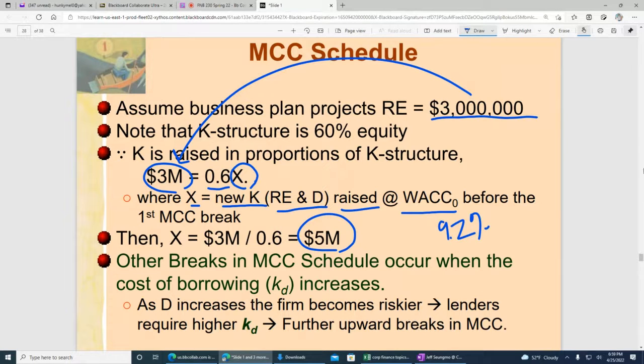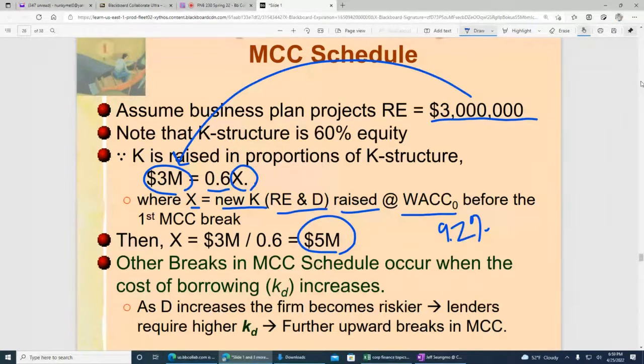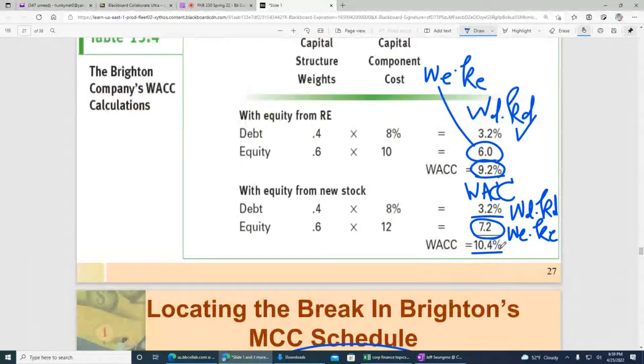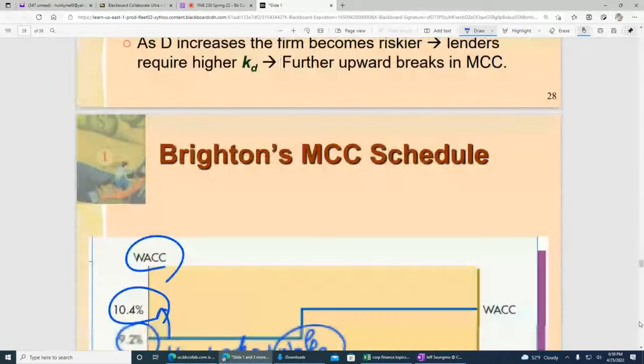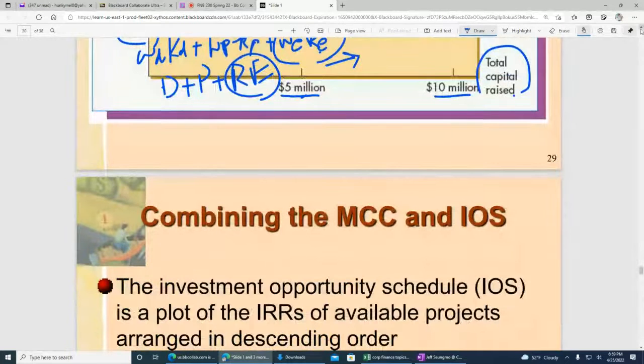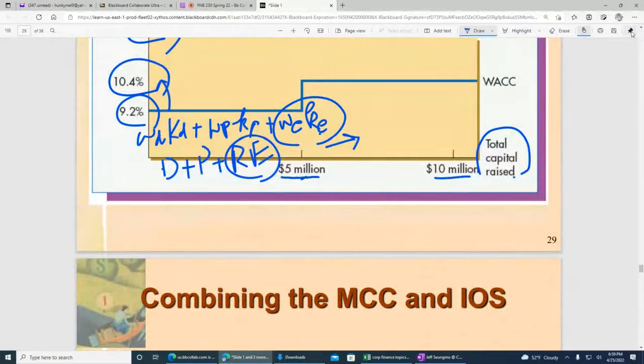When you sell new stocks, the weighted average cost of capital is 10.4, right? So that's why there's a jump, or break, in the marginal cost of capital. Marginal cost of capital is basically weighted average cost of capital, but marginal means incremental.